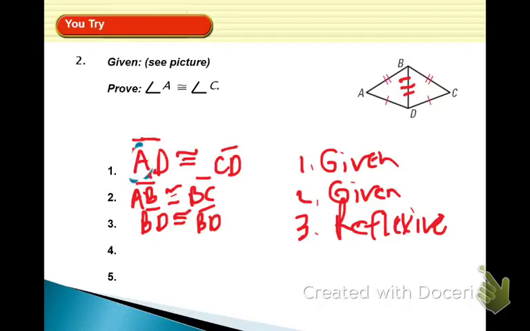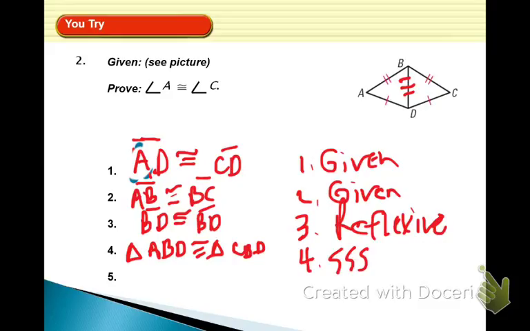Okay, triangle ABD is congruent to triangle CBD. And which shortcut is that? Side, side, side. Yeah, it's by side, side, side. Okay. And then step 5.